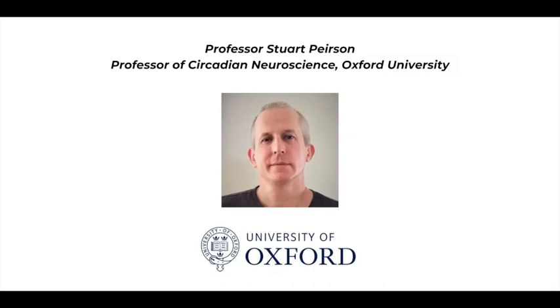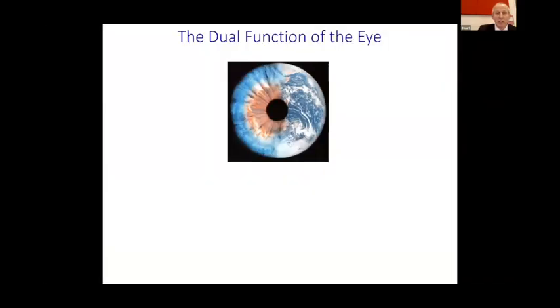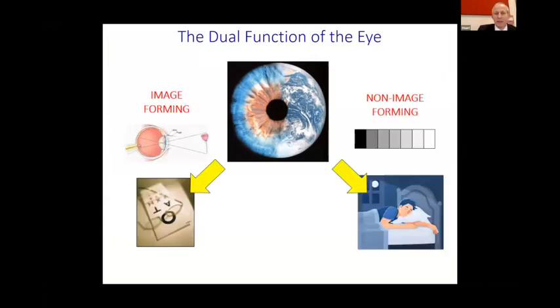Okay. Well, I think a lot of these concepts have already been introduced. So a lot of what I'm going to talk about is some general considerations for manipulations of the lighting in the care home environment, and I think for manipulations in human studies generally. So we know about the different types of image forming and non-image forming responses to light, so I won't go into that in detail.